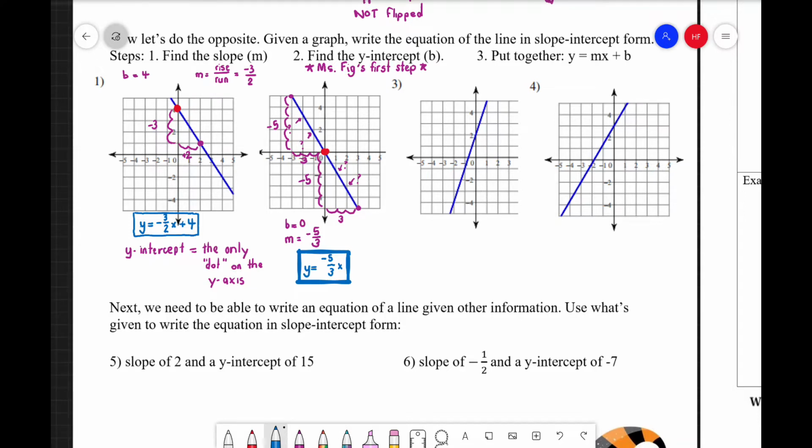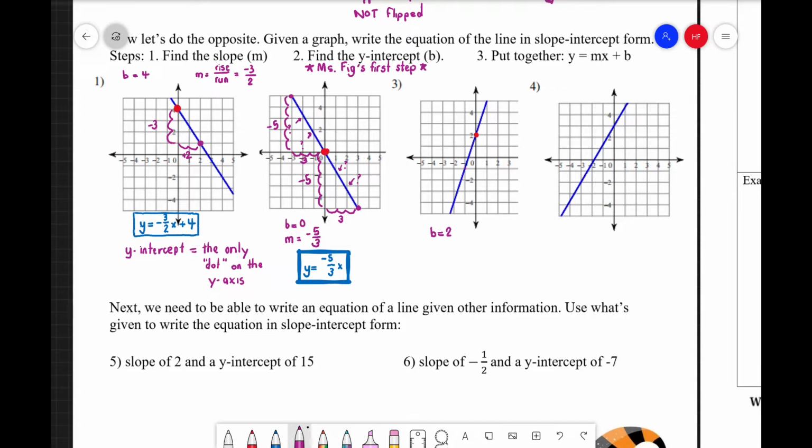Then on number 3, remember we're finding the y-intercept first. So where I'm crossing that straight up and down line is right here at 2. So my b is 2. And then I'm looking for when's the next point that I'm crossing. It can be anywhere on the graph.